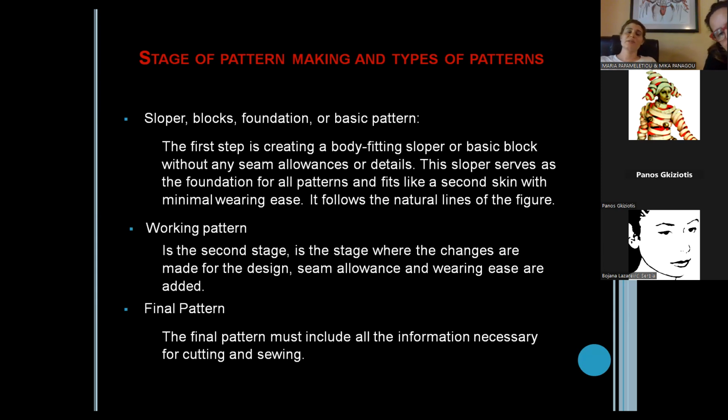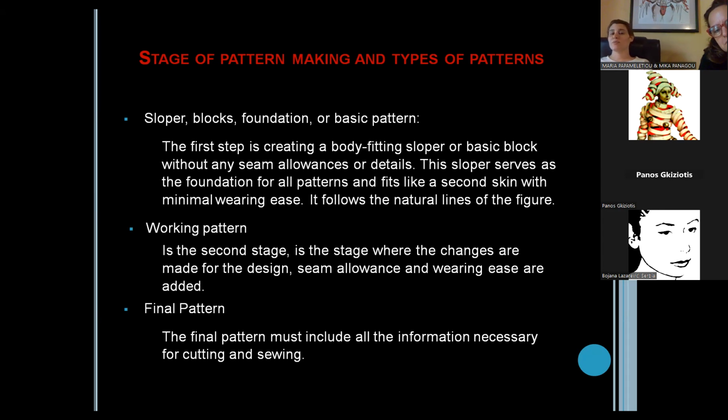Second stage, working pattern, is the stage where all changes are made for the slopper to become the design. It's the stage where you add similar allowances, wearing allowances, all this. And then is the final pattern.